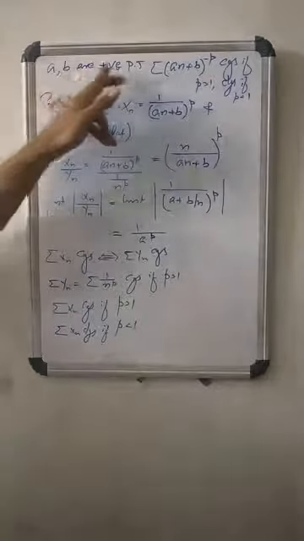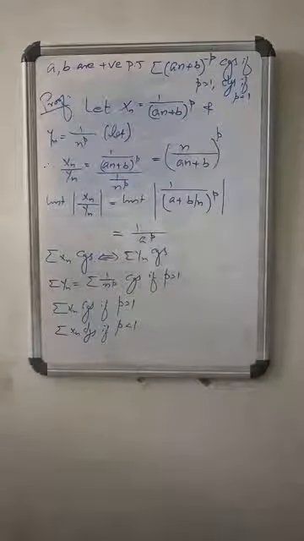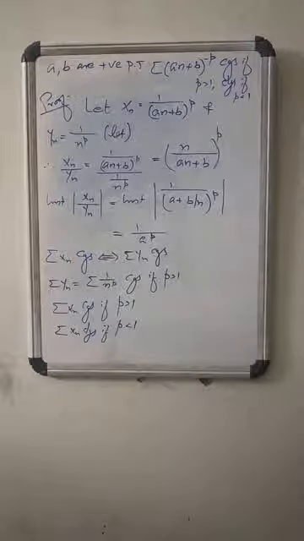So we have, when a and b are positive numbers, then sigma (an plus b) all power minus p, or sigma 1 by (an plus b) power p, converges when p greater than 1 and diverges when p less than 1. Agree?